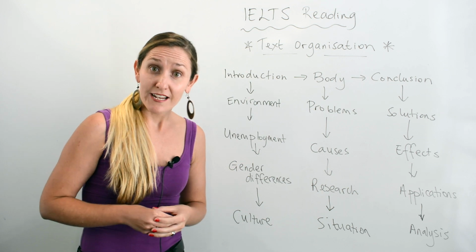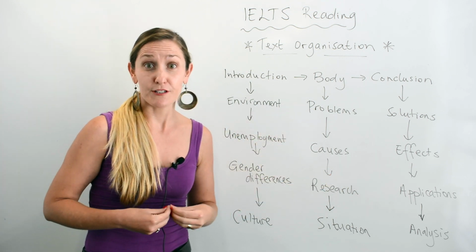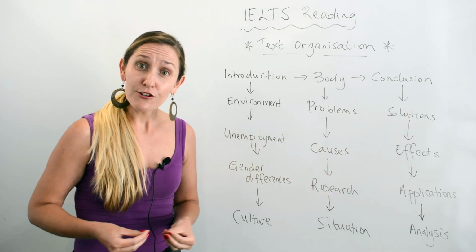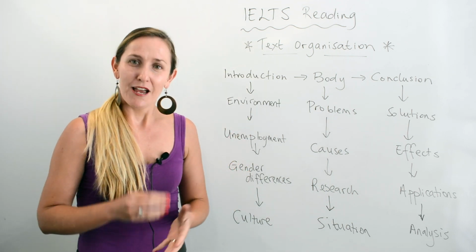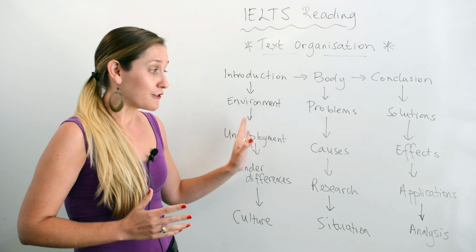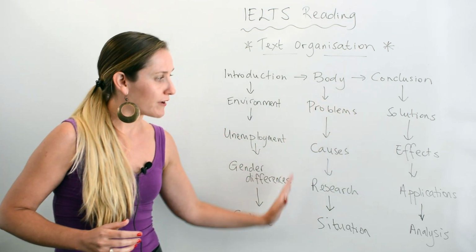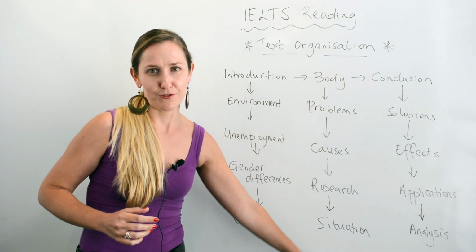Find articles on the internet and practice analysing the structures as evidence for yourself that the structures are as follows. And then when you're in your real test, don't lose your mind, don't forget your logic, be logical, and remember to follow the cause and effect, problem, solution, research, applications, situation, analysis, models.